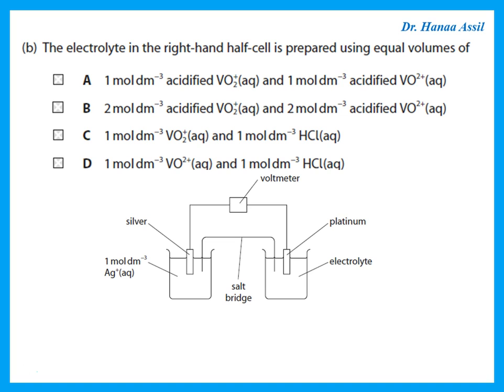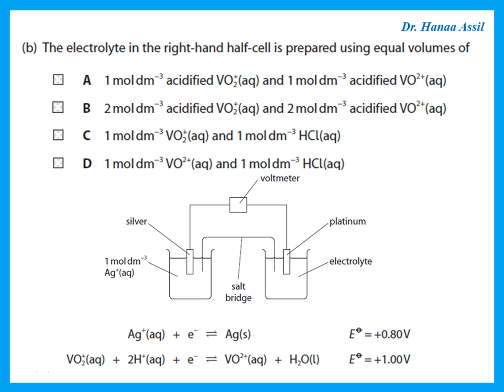But if you have 2 solutions, then you have 2 mole per decimeter cubed, because if you're going to add them together, then the total volume is 2 decimeter cubed. So each of them should be 2 mole per decimeter cubed in order to have a total concentration of 1 mole in 1 decimeter cubed.